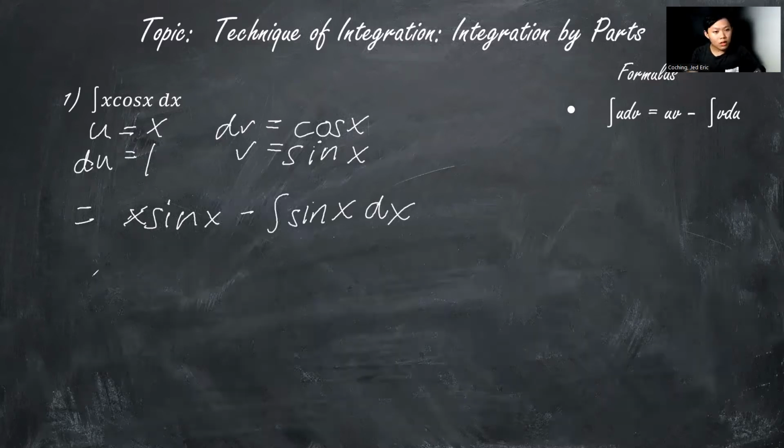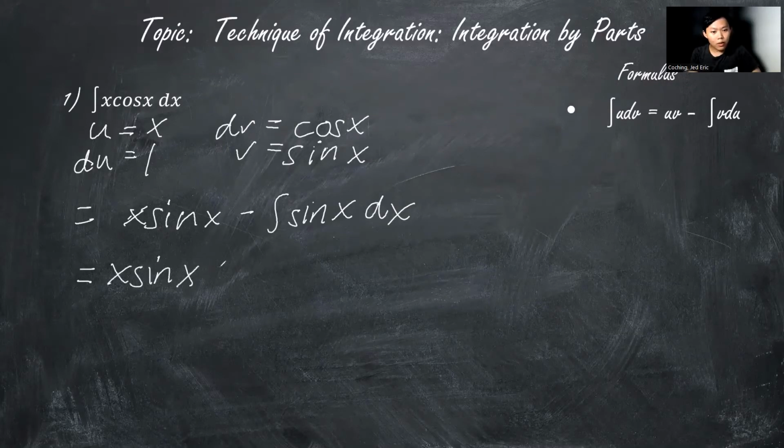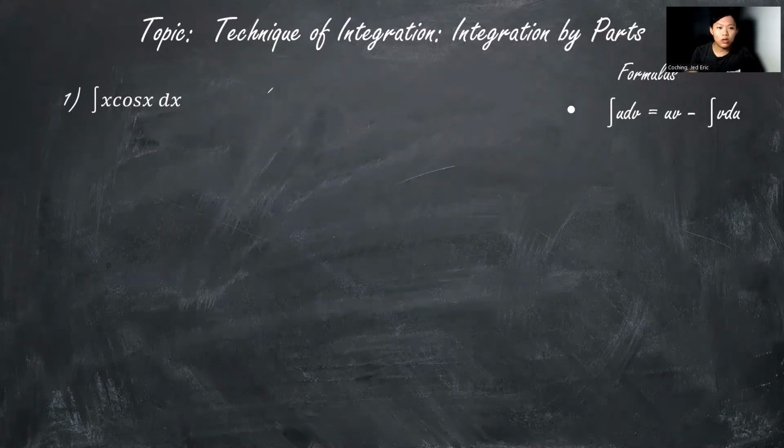So it's equal to x sine x plus cos x plus c, as this will be negative cos x, and the negative and negative cancel out, so that's positive. And that's how we solve using integration by parts with this formula. Let's clear this. Now let's go to the next problem.